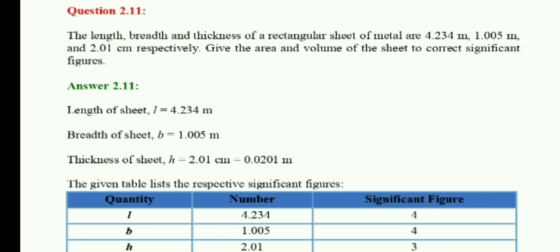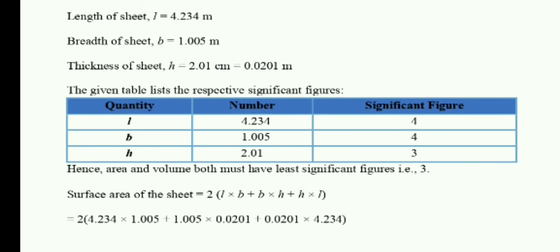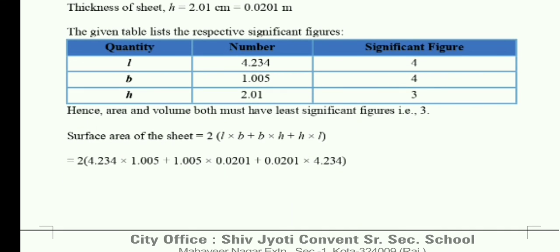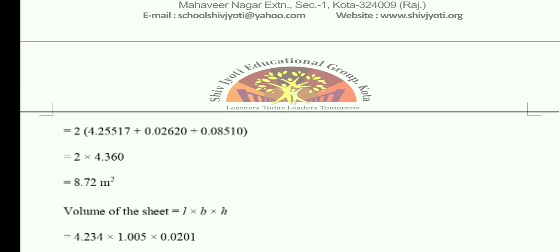Now put the values of L, B, H. That will be 2 bracket start 4.234 into 1.005 plus 1.005 into 0.0201 plus 0.0201 into 4.234.